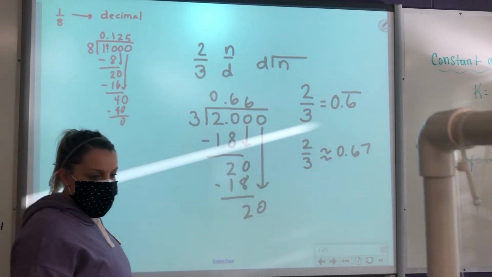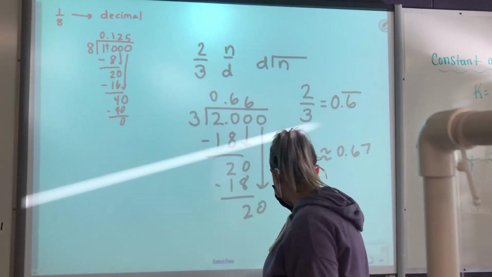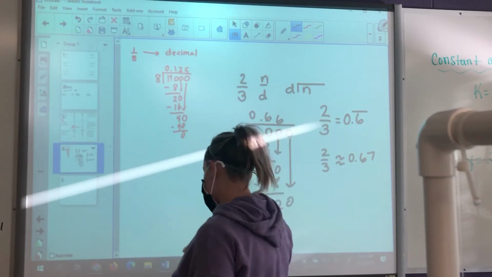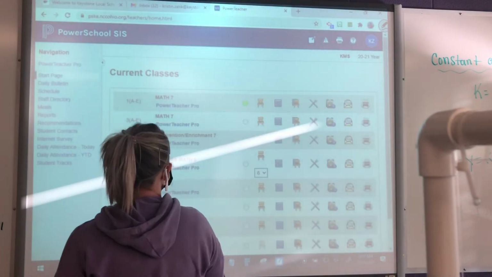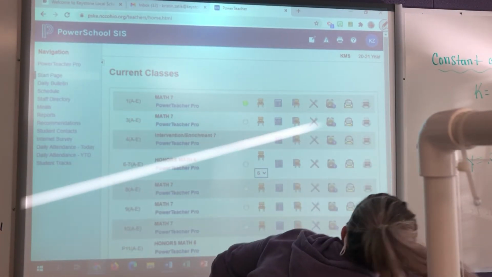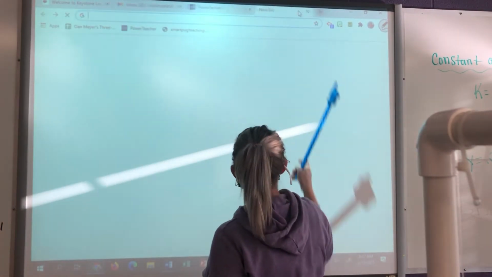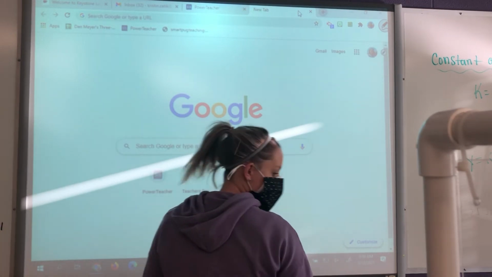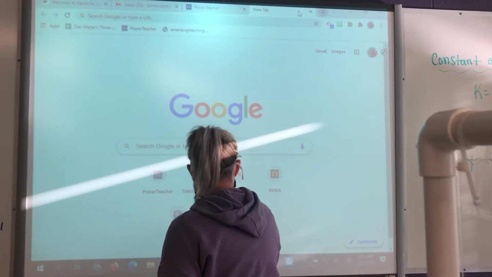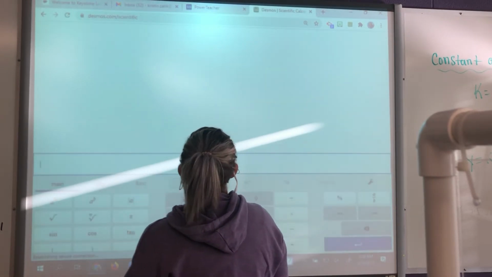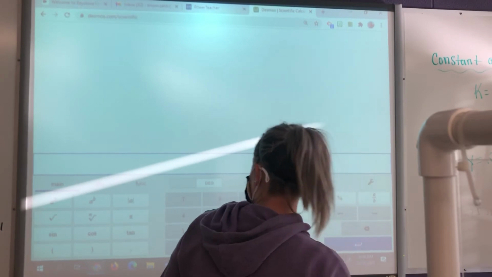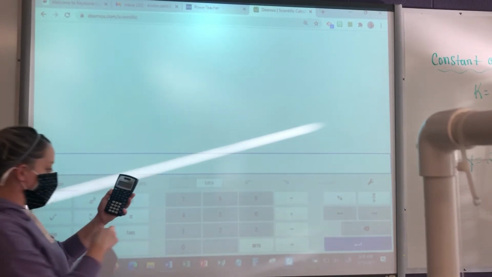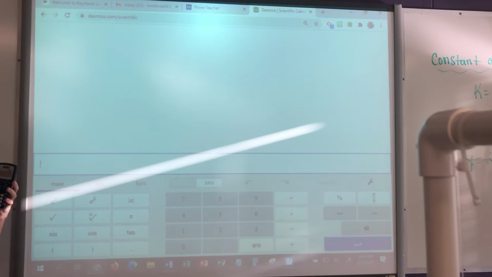In your calculators, if you have your calculator out, I want you to do, let me get Desmos up here. On your calculators, if you have a handheld calculator, go to the second row here, and go all the way down to the x squared button.